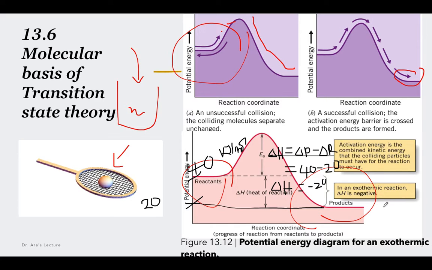So here let's see an example of an exothermic reaction. Just remember exo means outside, and it always releases heat as fire, light, lots of things.